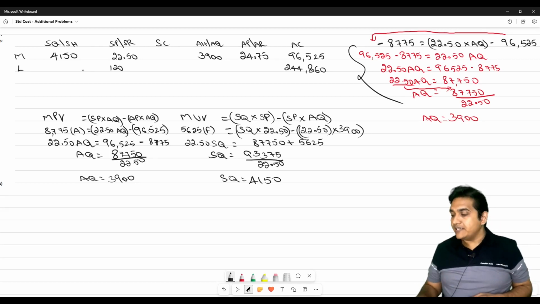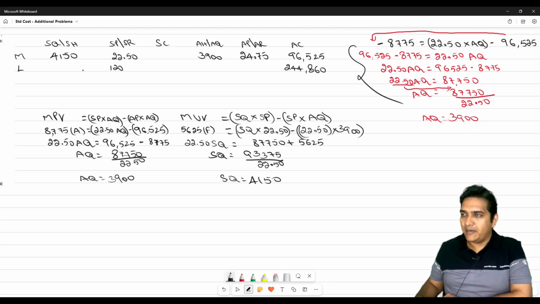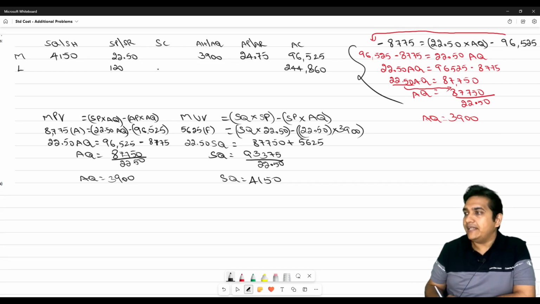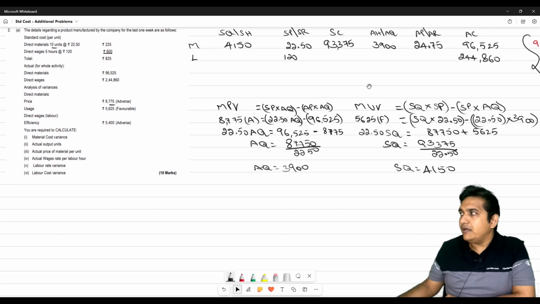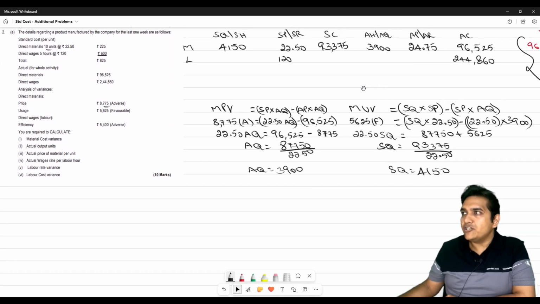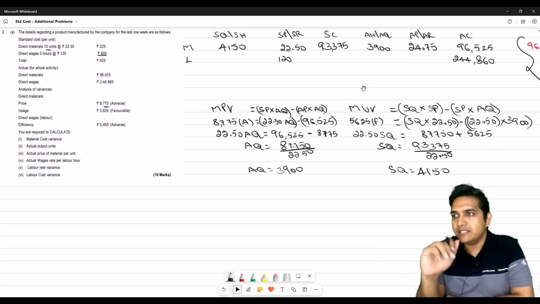Next, we have got our standard quantity, we have got our standard rate, we can get our standard cost. Just multiply standard quantity with standard price. 4150 into 22.50, 93,375. Now we have computed all the required information for calculating material variances.